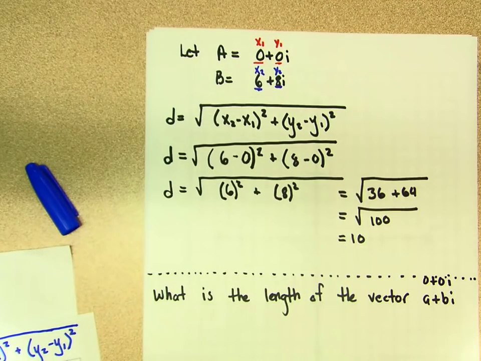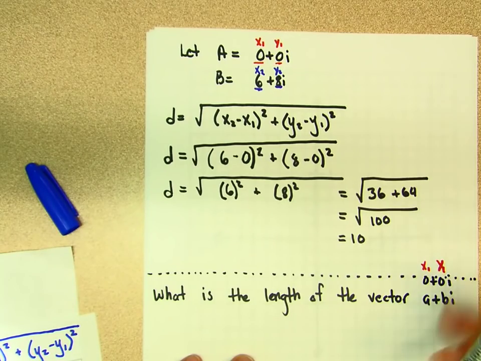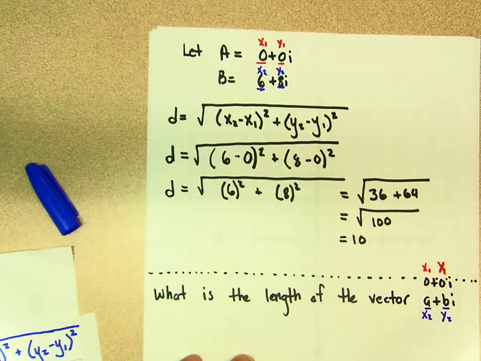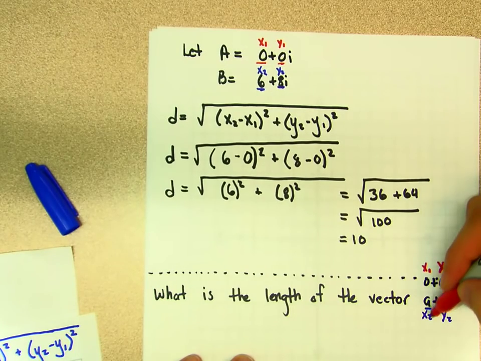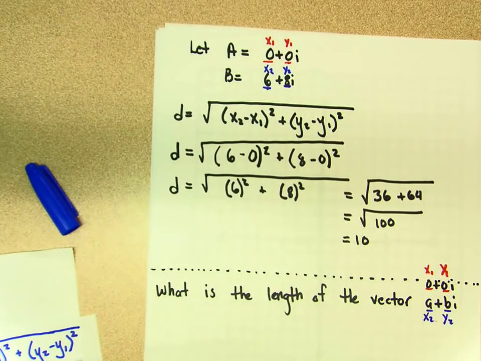So again, let this be x sub 1, y sub 1, and then let this be x sub 2, y sub 2. Let the a be x sub 2, let the b be y sub 2. And we're going to take these four things and plug them into here. And let's see what we get.